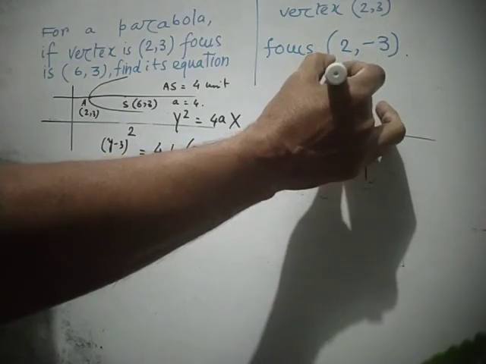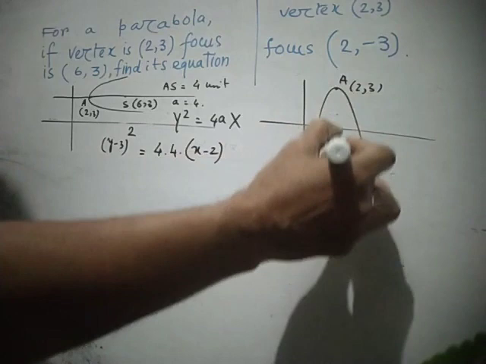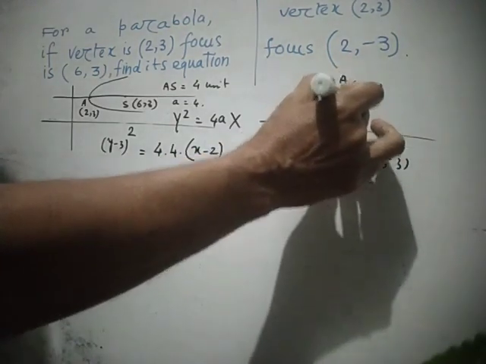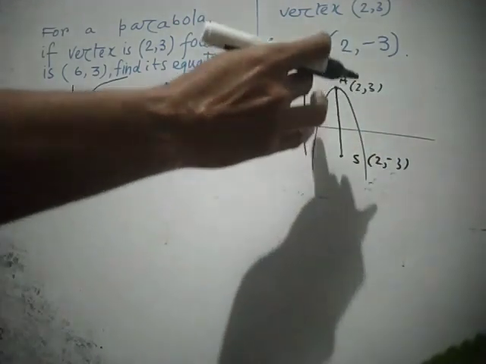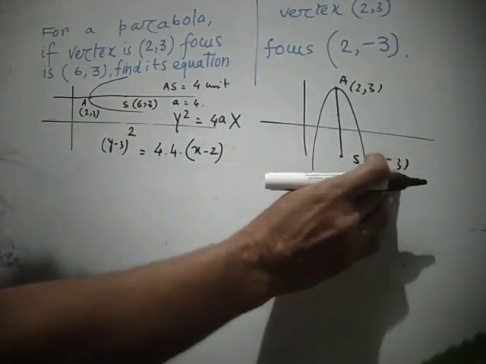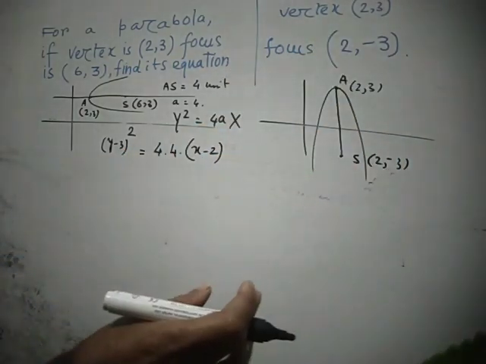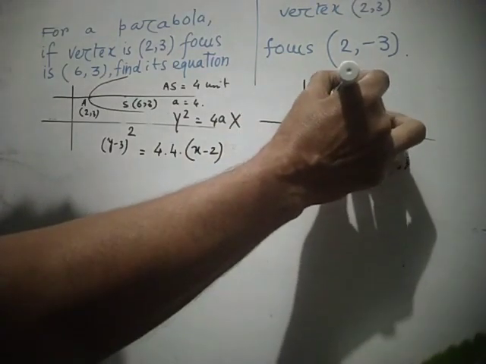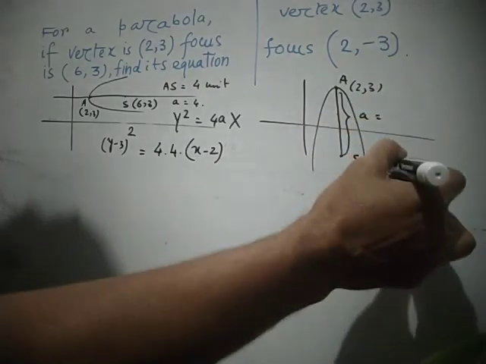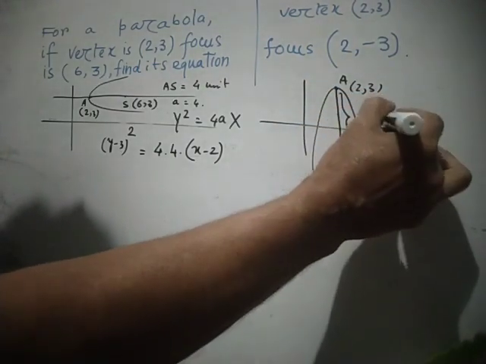As the focus is downwards, its ordinate is negative, so the parabola will open downwards, and we can find its length. This length a is from 3 up to this much 3, and here again 3, so it will be 6 units.